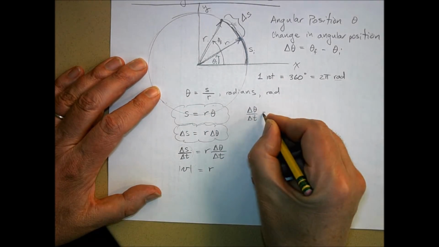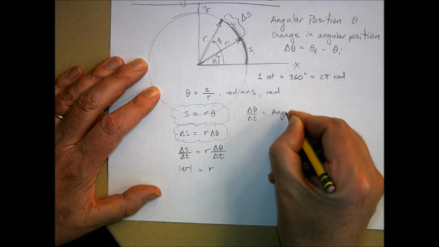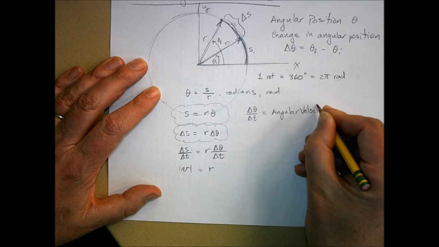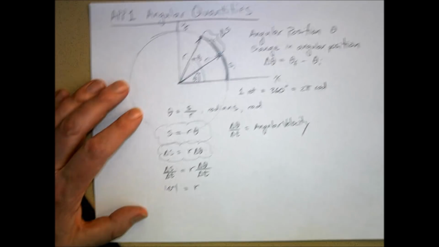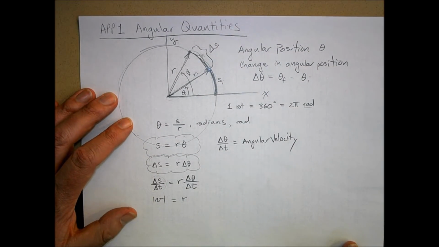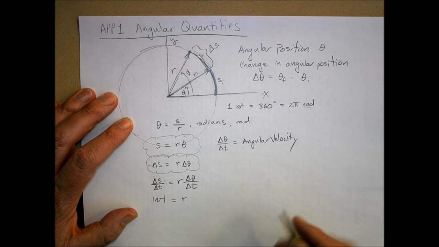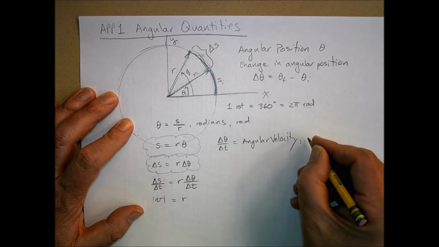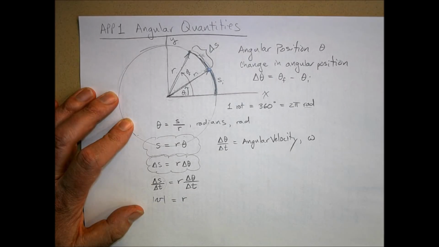We're going to call this angular velocity. That makes sense, doesn't it? Angular velocity. And we have a variable name for angular velocity. It's this. What is that? It's not a W. One thing we do in rotational motion is we use Greek letters to represent all our quantities.